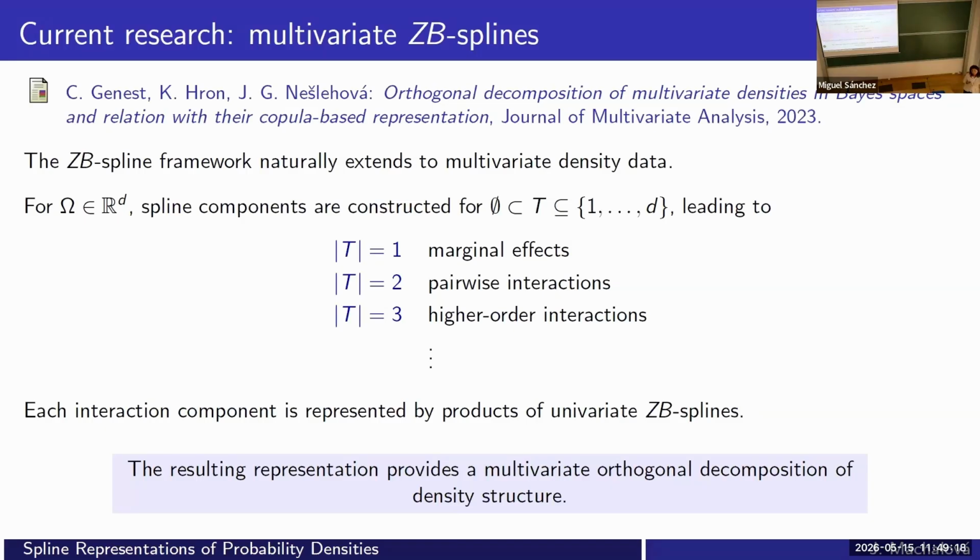And our work with ZB splines and these representations is very nice, and I think it's very useful because we are able to extend it to the multivariate case immediately by using marginals, pairwise interactions, third-order and higher-order interactions, and we can, of course, have the decomposition, so we can deal with all parts separately and study the relationship between these parts. So this is the first project we are now working on.